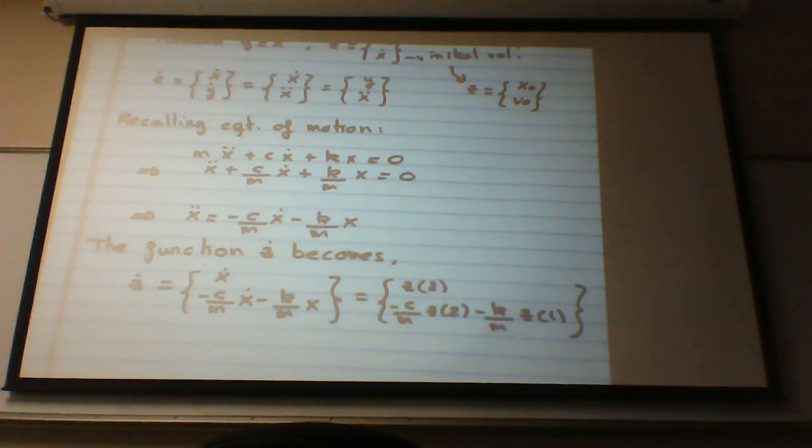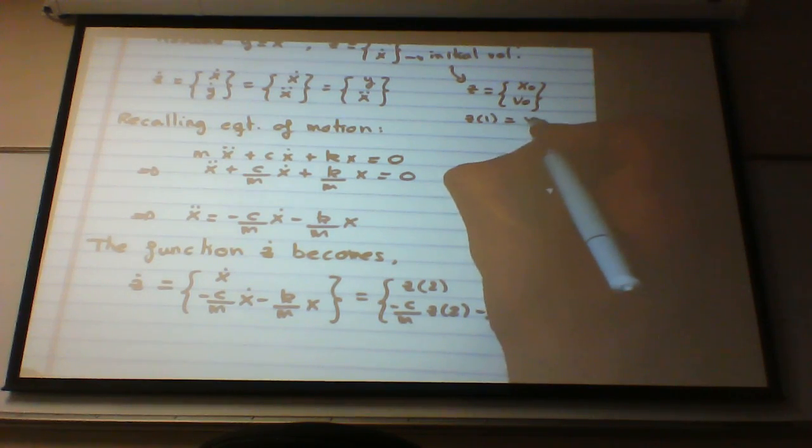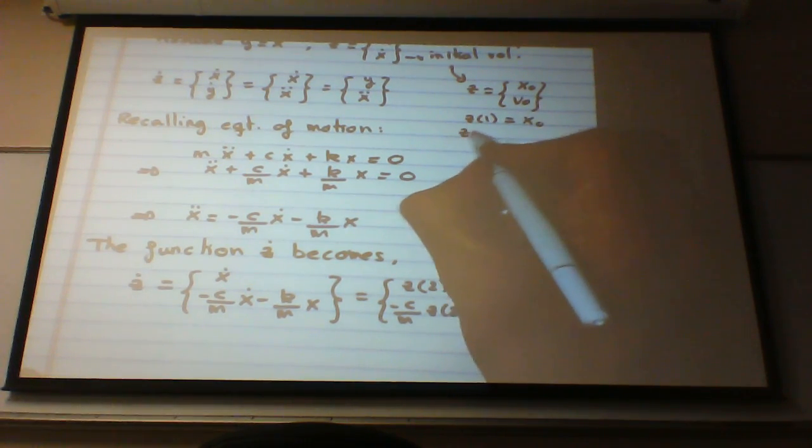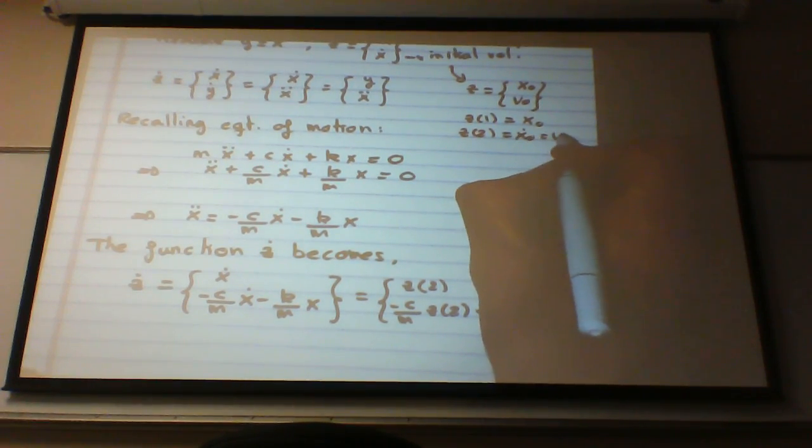So if you want even more detail, from here this really means that z1 is x naught, and z2 is x dot naught, or v naught.